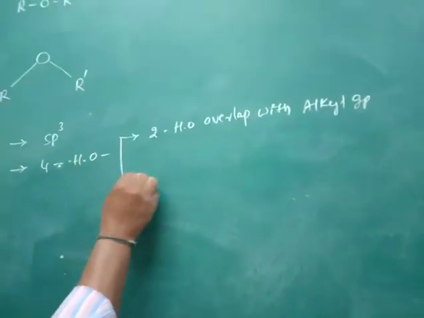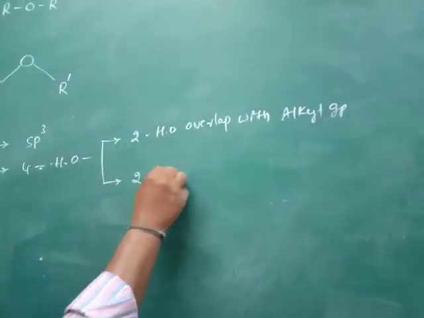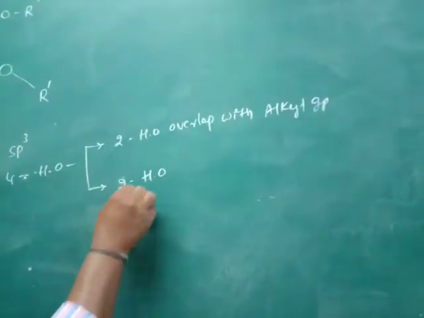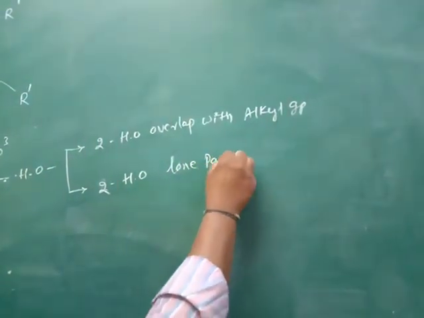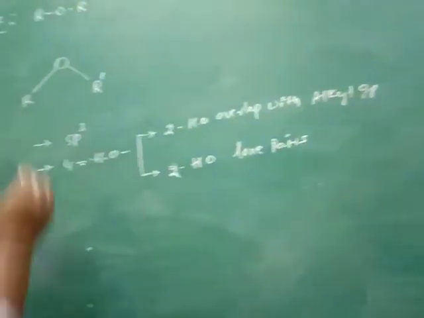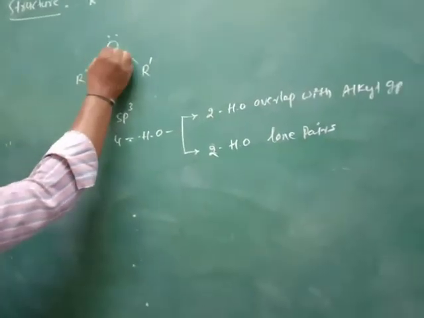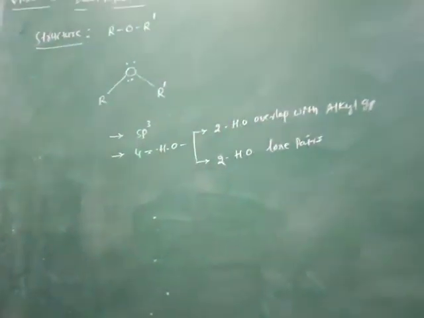Then the remaining 2 hybrid orbitals are considered as lone pairs. So oxygen has 2 lone pairs of electrons.